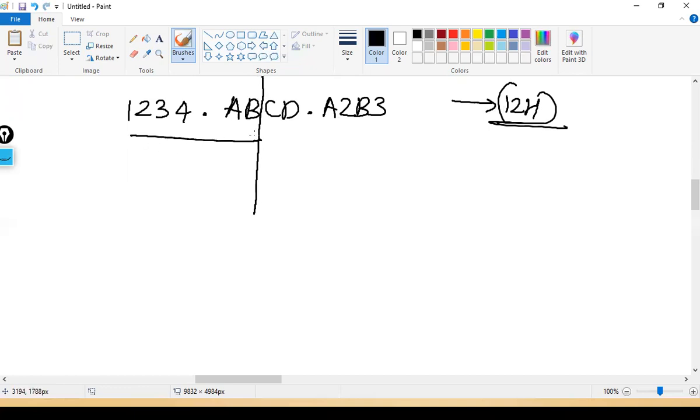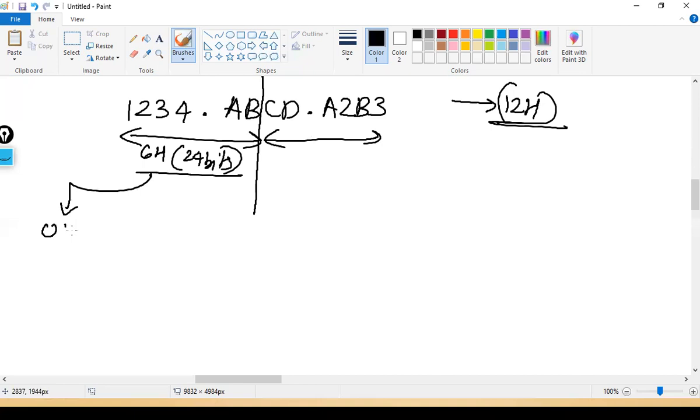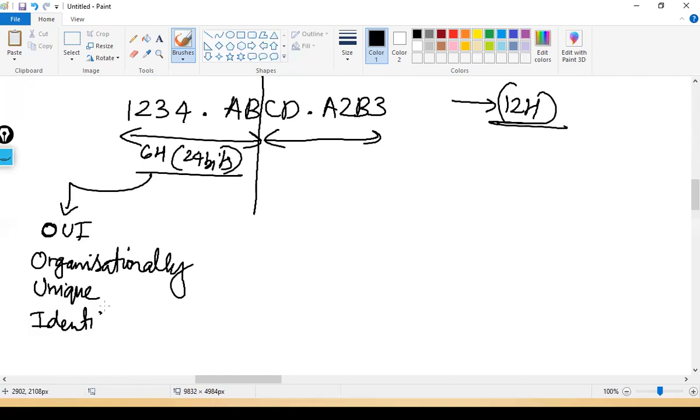The first 6 hexadecimal values, or first 24 bits, is called the OUI, organizationally unique identifier. Organizationally unique identifier, OUI.